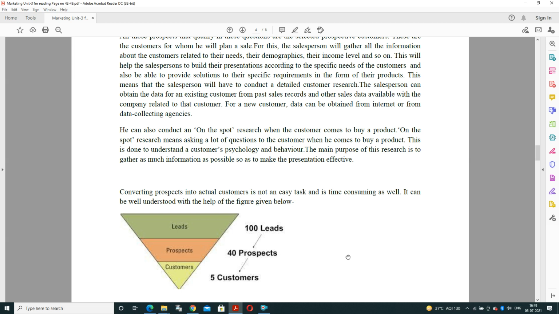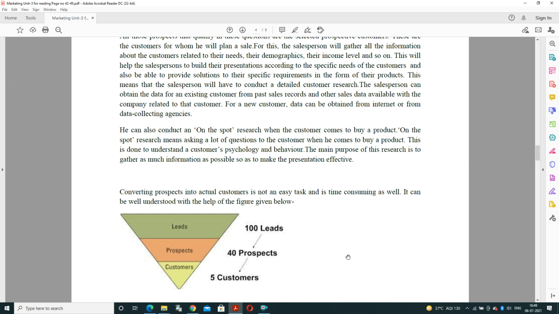And out of 40, 5 customers will take the product. If you see the overall research, out of 100 customers, the company is able to sell the product to only 5 customers. So approximately 95% are people who are not interested or who don't want to spend money on your company product.